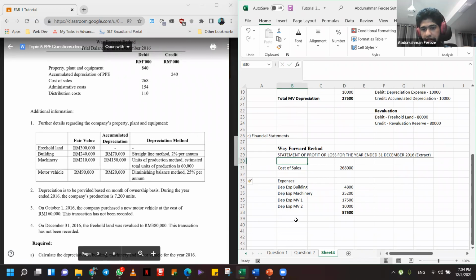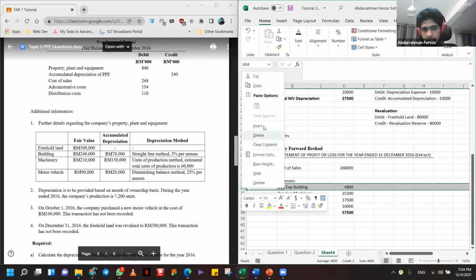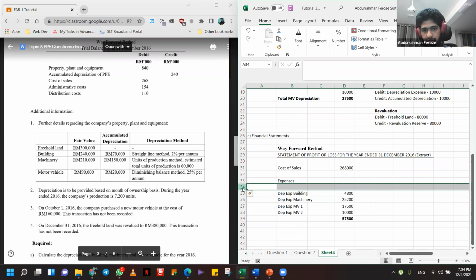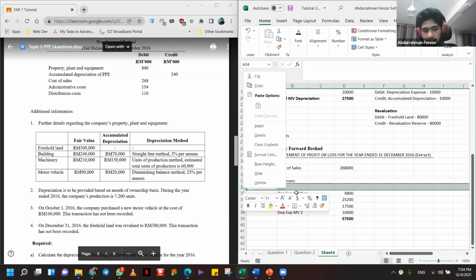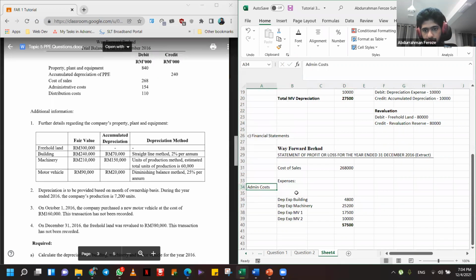And then we have admin costs. Admin costs is 154,000. And then you have distribution costs, which is 110,000.